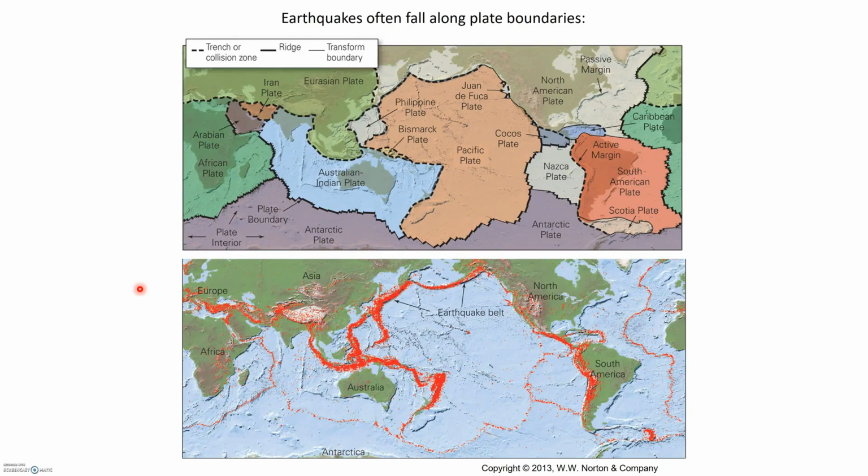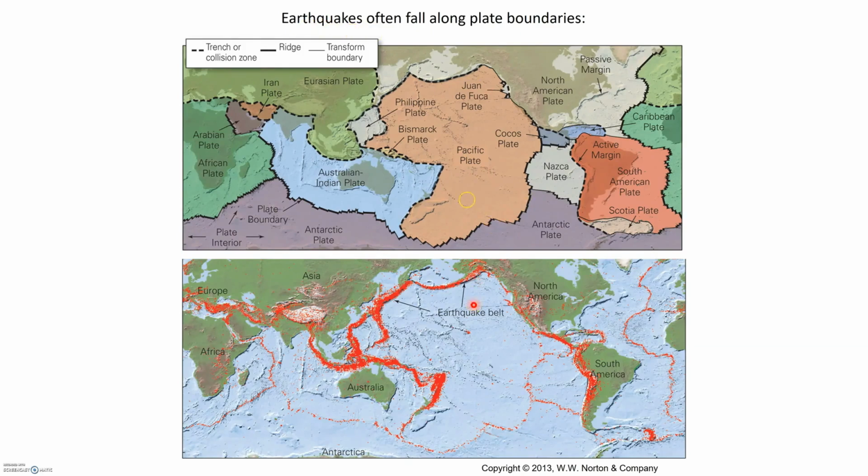And so we get all of this friction as those plates slide past each other in their various forms. One of the consequences, I guess you could say, of plate tectonics is that oftentimes we experience large quantities of potentially very high magnitude earthquakes along our plate boundaries.